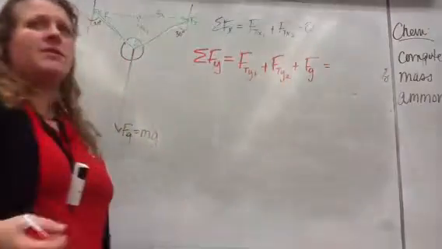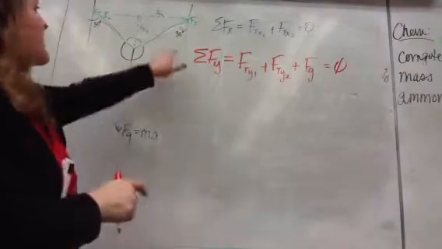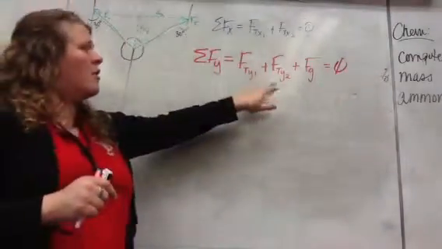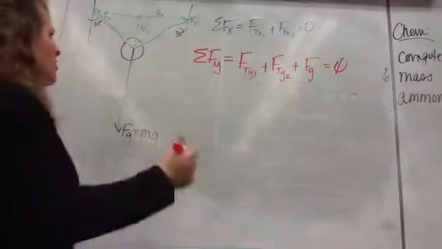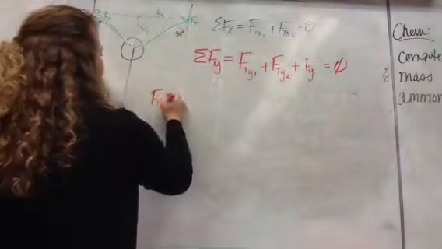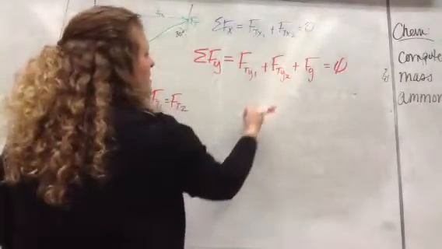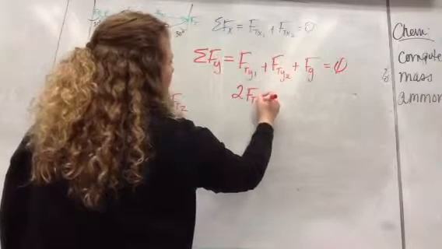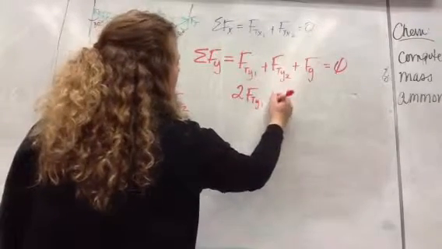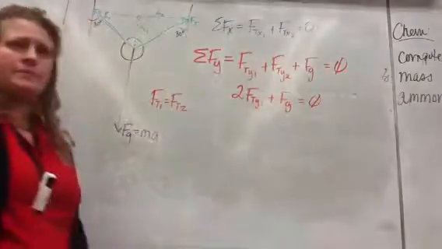And again, what does it equal? 0. Okay. Now, because these angles are the same, what do we know about force of tension 1 and force of tension 2? They're equal to one another. So Ft1 equals Ft2. Therefore, this whole thing is 2 Fty1 plus F of G equals 0.